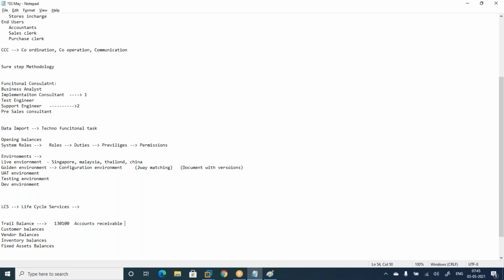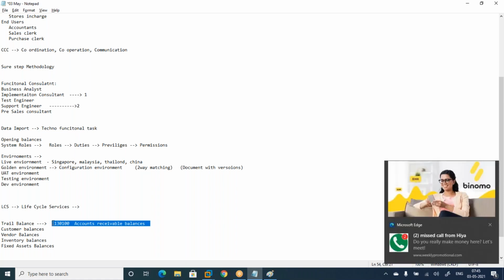So for that, we need to have a sales order loaded and posted to get the accounts receivable balance, right? No. See, accounts receivable balances mean, suppose we are implementing from July 1st, then we need to collect the June 30th customer balances and the trial balance.